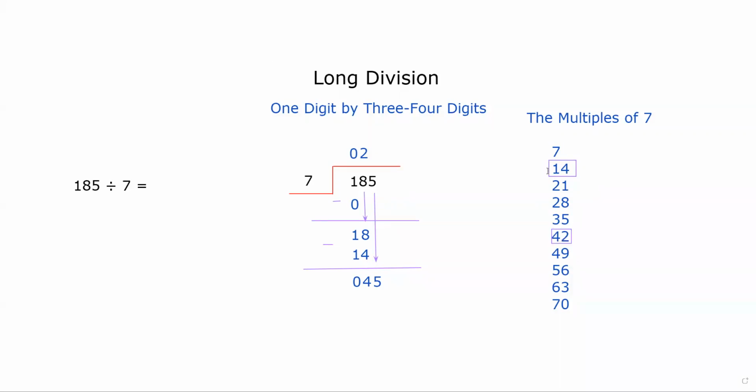Now, if you count 1, 2, 3, 4, 5, 6. So obviously 6 multiplied 7 will be 42. And then I'm going to do a minus.